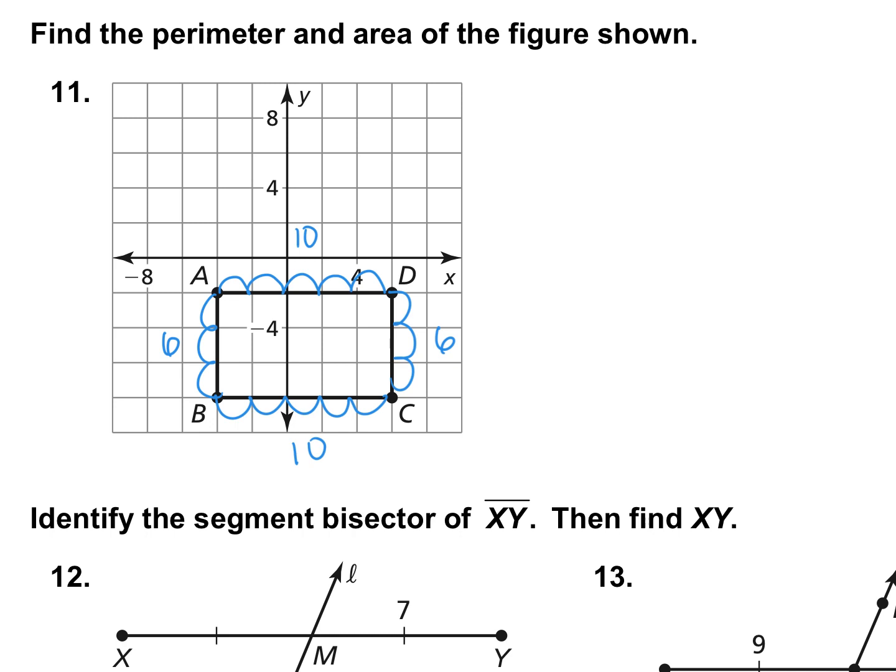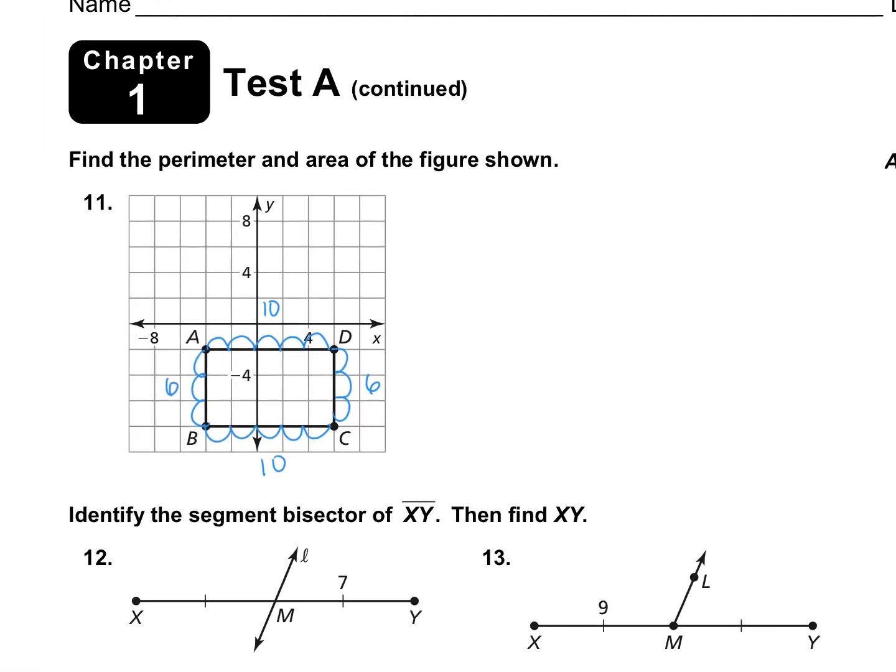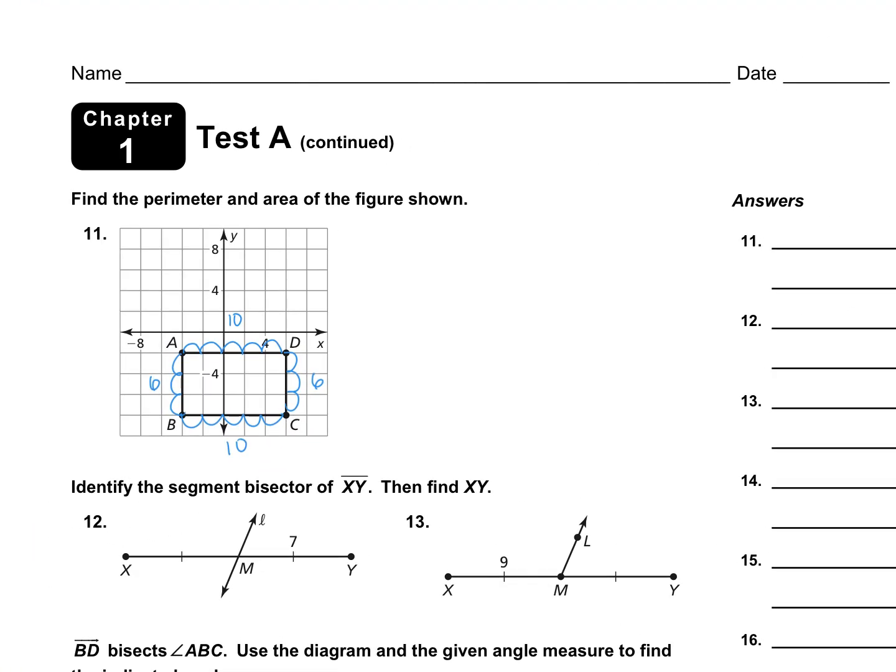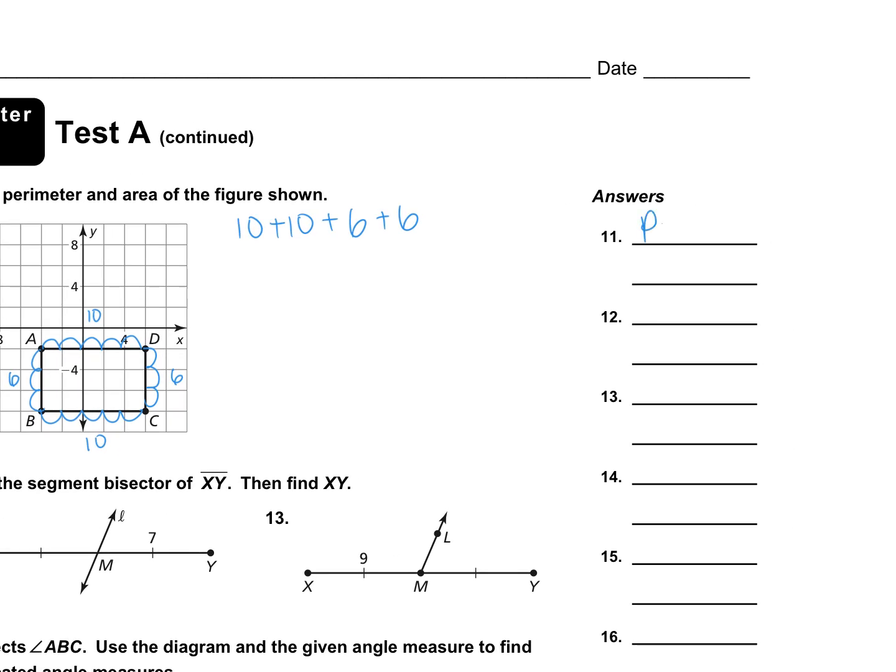Because I found the measurement of all my sides, how do I find my perimeter now? Add them. I'm going to add all of them. 10 plus 10 plus 6 plus 6. What would I get? Good. So my perimeter, P, equals 32 units squared.